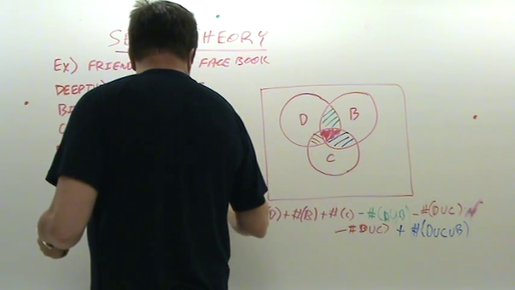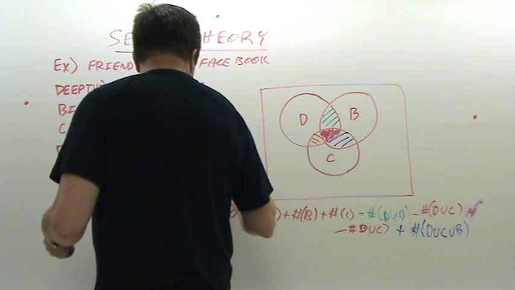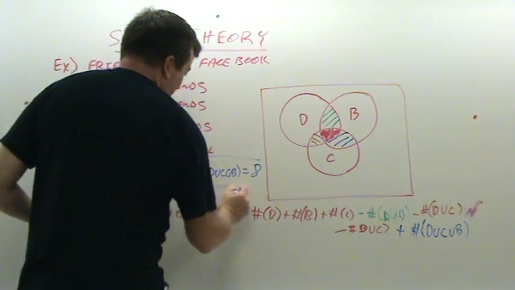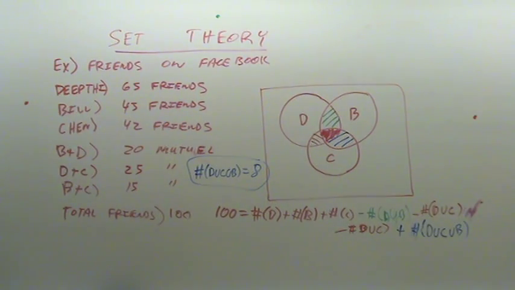So the number of people in D union C union B is 8. That ends up being the answer. So we would be solving this question using set theory.